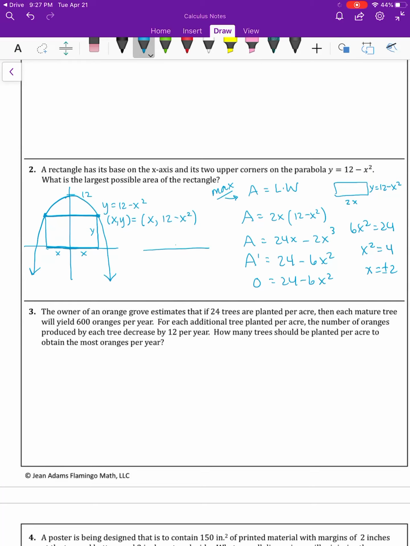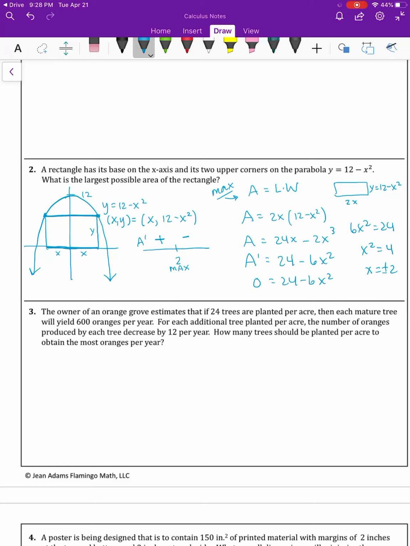That gives me 6x squared equals 24, x squared equals 4, x equals plus or minus 2. And now I say, well, the negative 2 makes no sense, because we have a distance. So positive 2 is really the only one that I'm going to focus on.